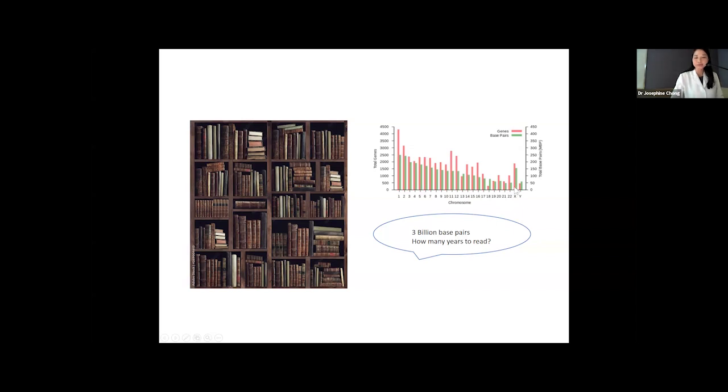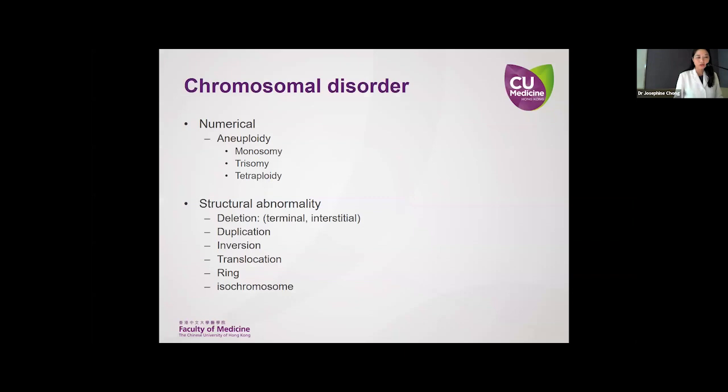So in that case, some of the patients could survive until birth with different abnormalities. You may not be able to encounter some of the chromosomal abnormalities, but it doesn't mean that those disorders will not occur. They will occur, but they just will not develop further.